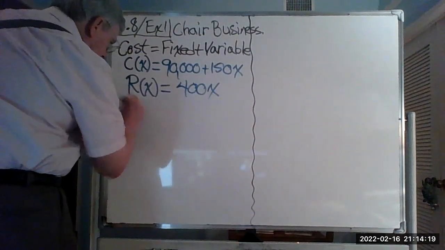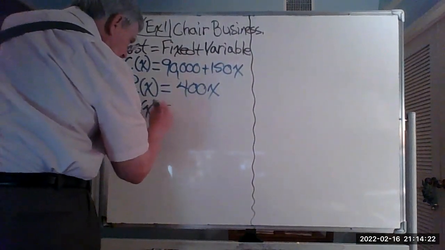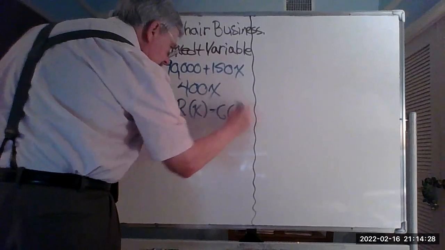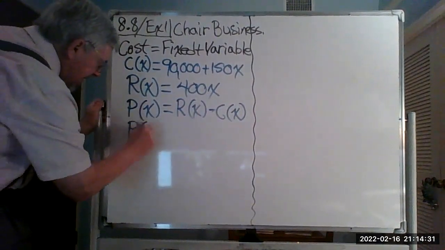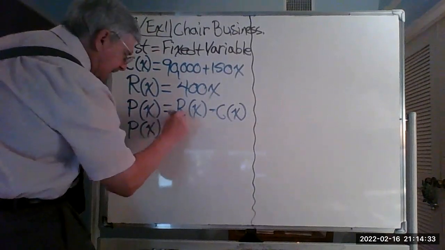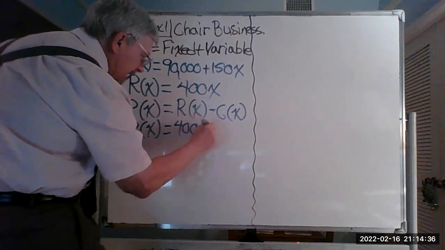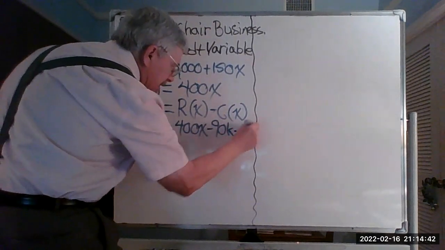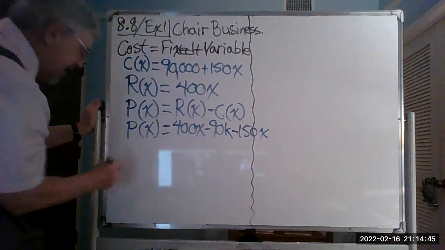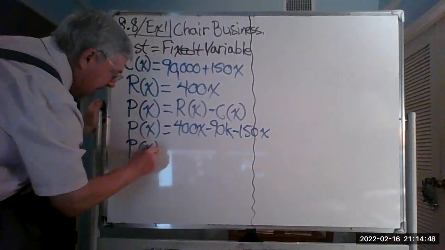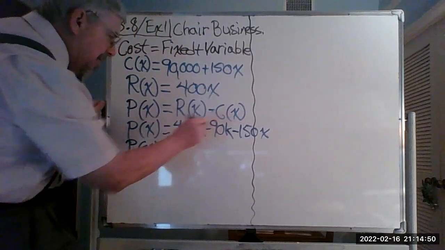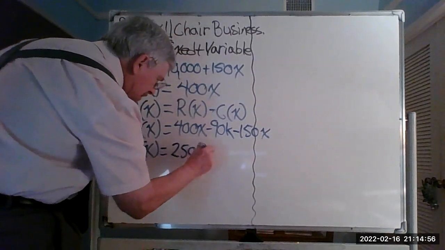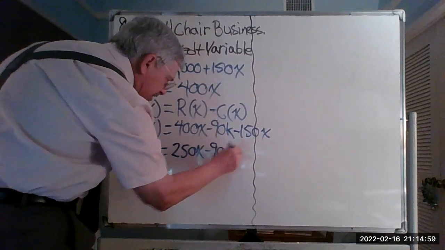So remember, P of X is equal to the revenue minus the cost. So P of X is equal to 400X minus 90K minus 150X. I got 90,000 in there, right? So P of X then is equal to 400 minus 150, which is 250. 250X minus 90,000.